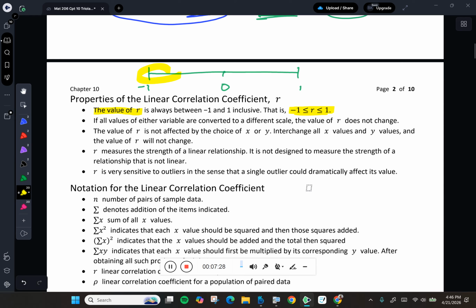Out here, these are going to be strong negative correlations. A line's going to do a really good job of modeling that data. Out here, these are going to be strong positive correlations. A line's going to do a really good job of modeling that data. Negative correlations would just be lines with negative slopes. Positive correlations would be lines with positive slopes.